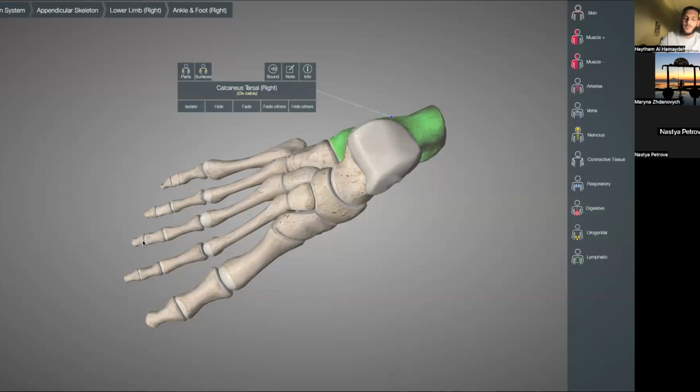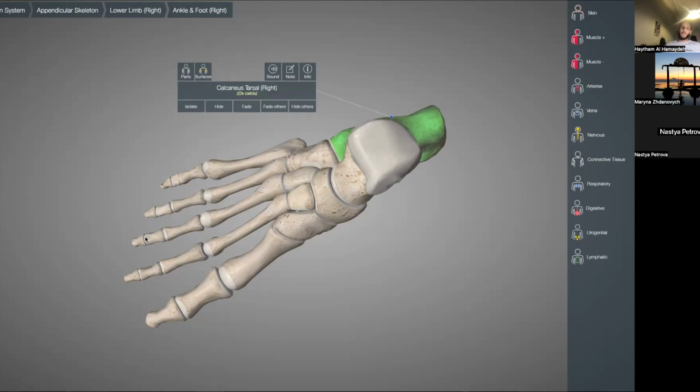Can we divide it into proximal interphalangeal joints and distal? There's proximal and distal because there's only two bones. This one is metatarsophalangeal, and then you have proximal interphalangeal, distal interphalangeal.